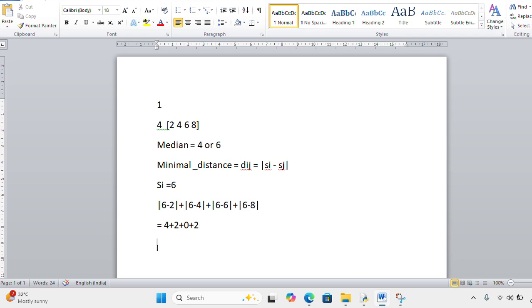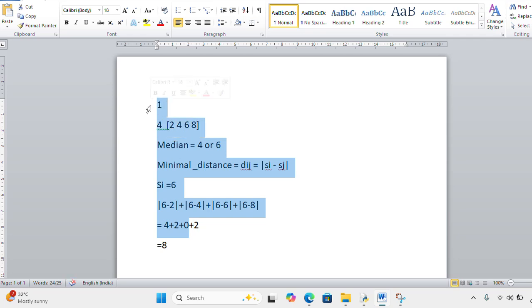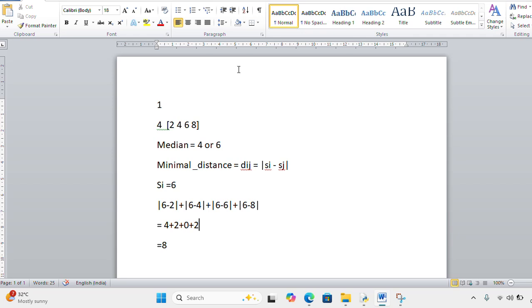So the answer becomes 4 plus 2 plus 0 plus 2, which equals 8. So the minimal distance is 8. This is the logic behind the problem that we have seen for Vito's minimal distance, and now let's see how the code works.